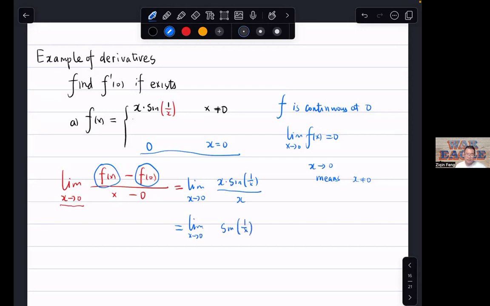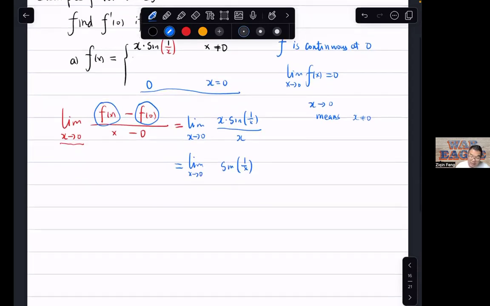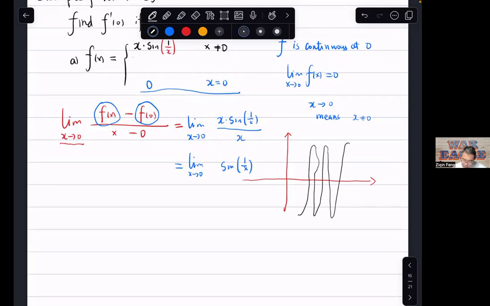As x gets closer and closer to 0, if you try to sketch the graph of the function sine of 1/x, imagine it's like a spring but compressed, getting denser and denser, but always there. So the function value is changing between 1 and -1 as x goes to 0, either from the left side or the right side.